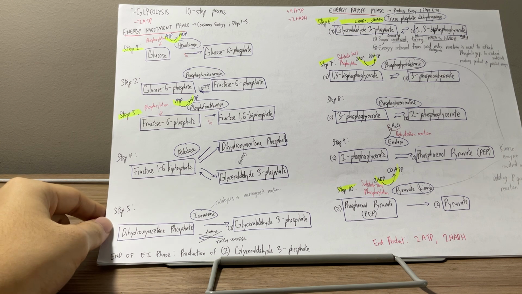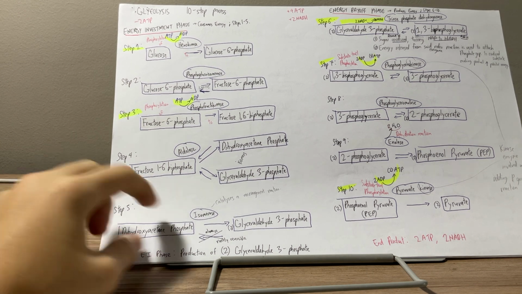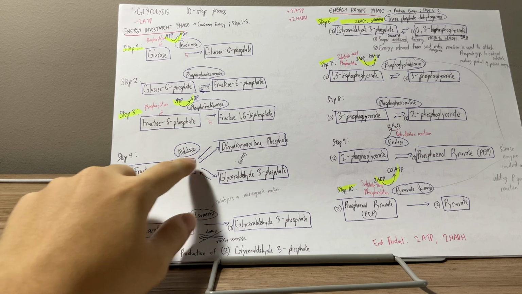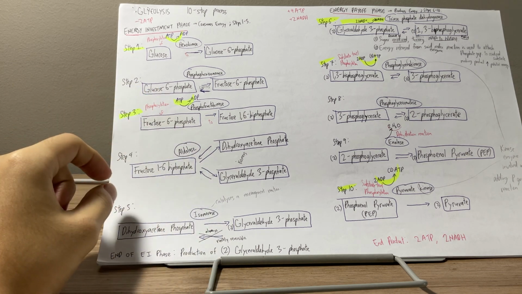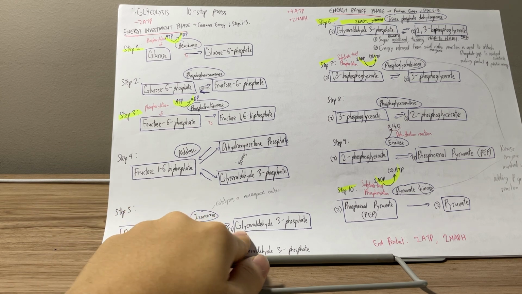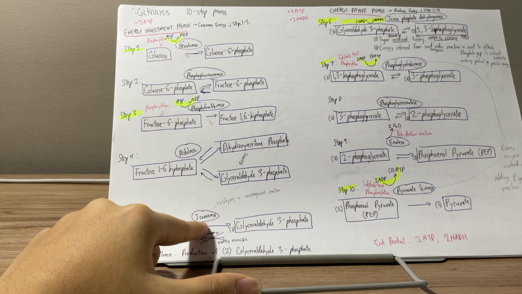Okay, step 5, dihydroxyacetone phosphate. It's rarely reversible, but in step 4 it is reversible, as well as in step 2. But yeah, it turns into 2-glyceraldehyde 3-phosphate.